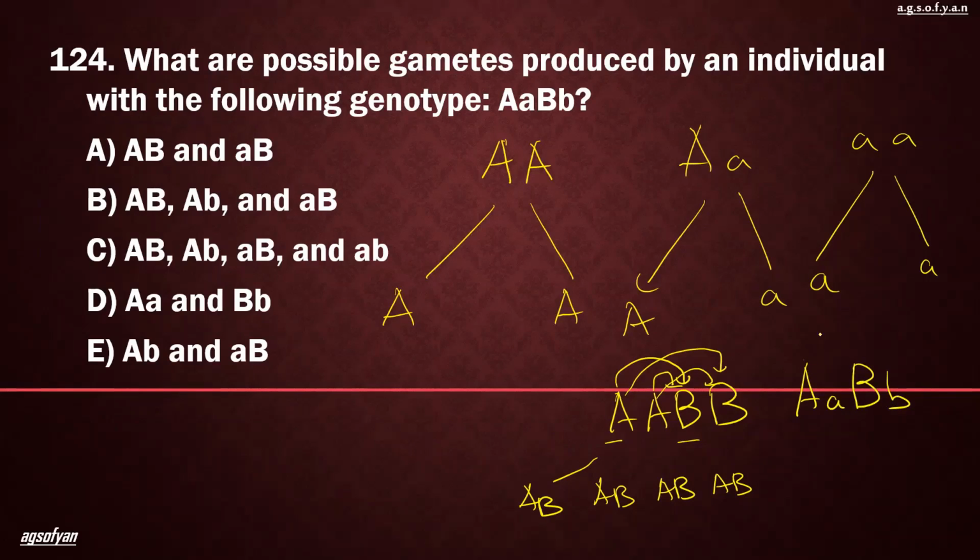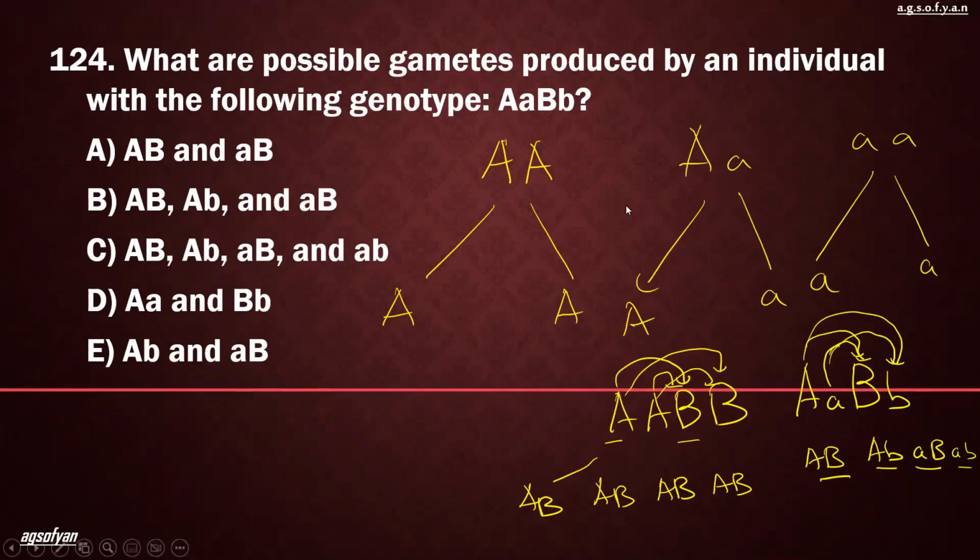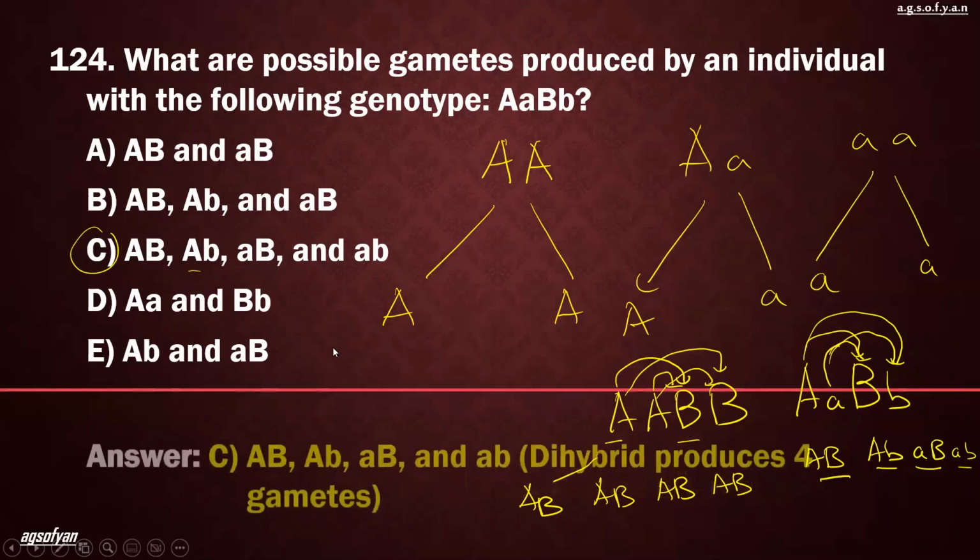You start with the first, AB, the first with the last, Ab, lowercase. Then the second with the first, aB, and the second with the second, ab. Four types. So what do you think the answer is? It would be C, right? AB, Ab, aB, ab, with different letters, lowercase or capital.